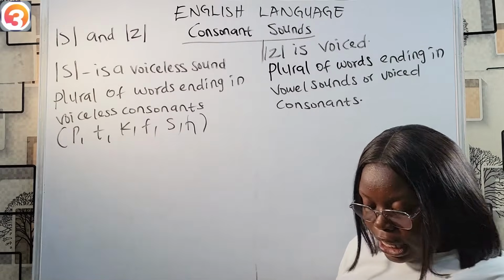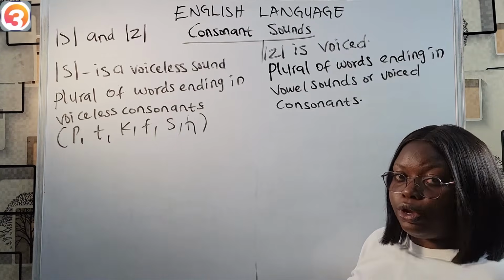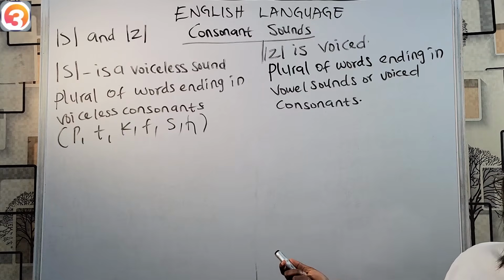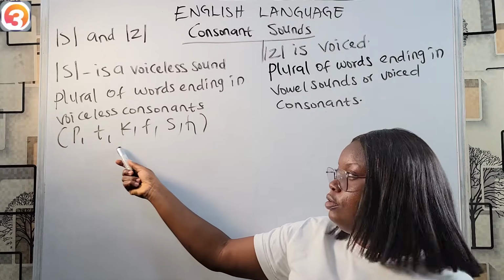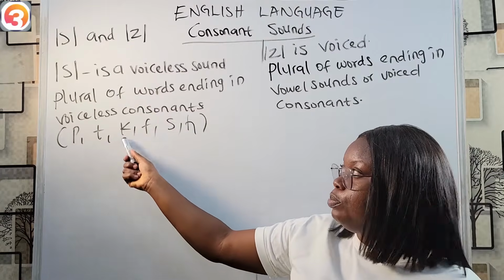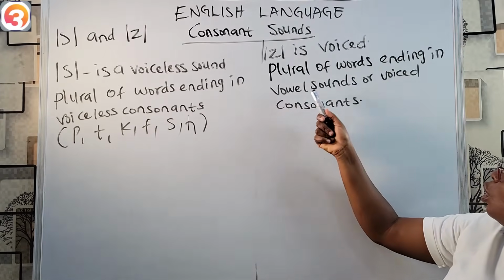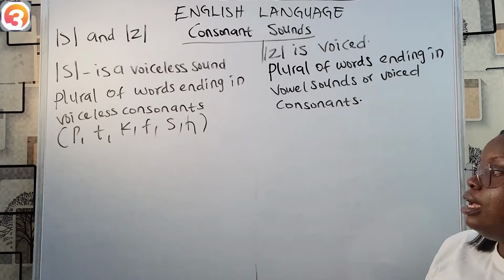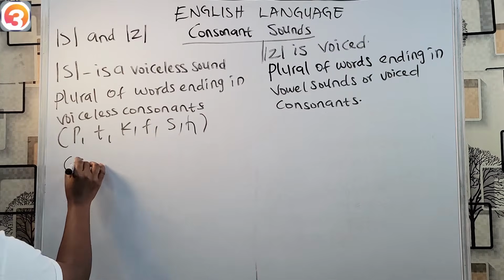Now, if you have to find the plural of a word, and the plural of that word is gotten by addition of S, if the word ends in a voiceless consonant, we pronounce it as S. But if it's ending in a vowel sound or in a voiced consonant, it's pronounced as Z. For example, cap. The plural of cap is caps.